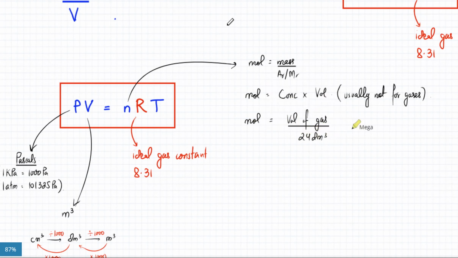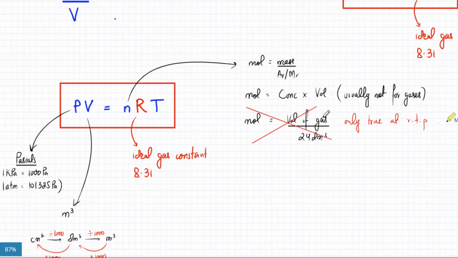Now, specifically about this formula, that moles of gas is volume of gas divided by 24 dm cube: never use this moles formula with PV = nRT, because remember this statement is only true at RTP, room temperature and pressure. A gas expands and compresses if you increase temperature or decrease volume.